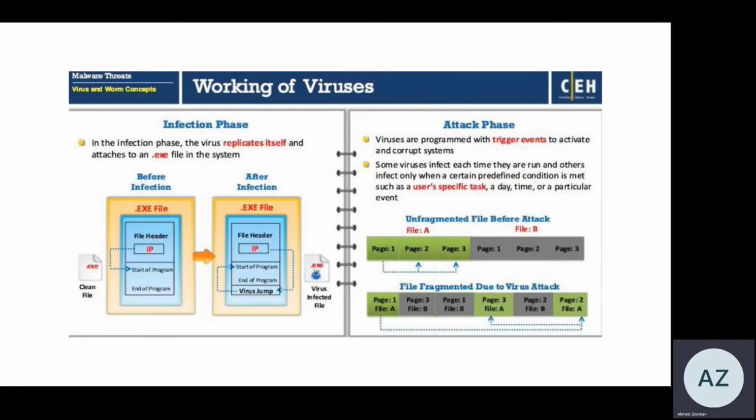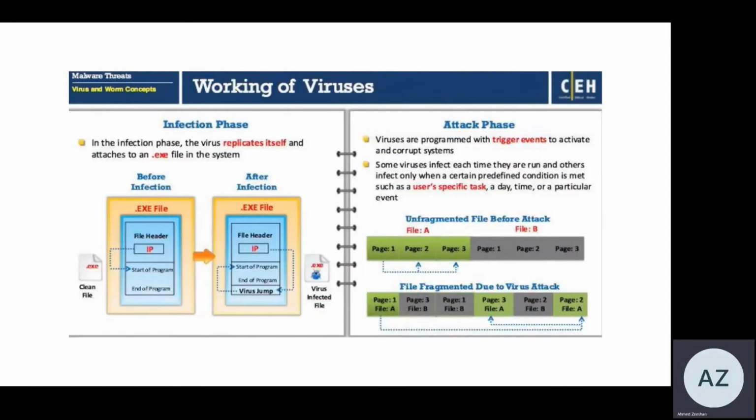Working of viruses: infection phase and attack phase. Two very well-versed phases where they work, and sometimes it's really hard to detect a virus if it's really nasty, okay? So in the infection phase, the virus replicates itself and attaches to an exe file in the system.